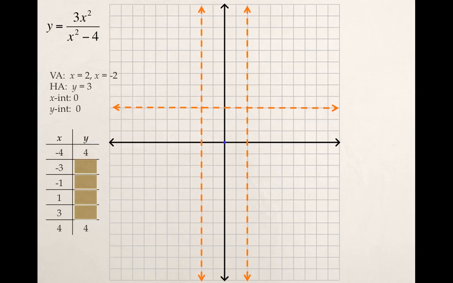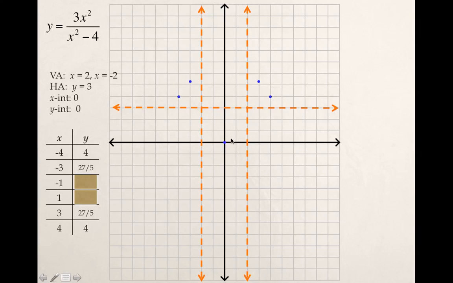So when I put in negative 4 or positive 4, I'm going to get an answer of 4. So I can graph those 2 points on either side of the asymptotes. Same thing with negative 3 and positive 3. Either way, I get an answer of 27/5, which is about 5 2/5, and puts my points right about there.